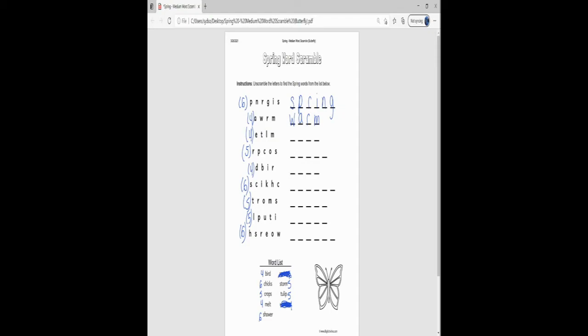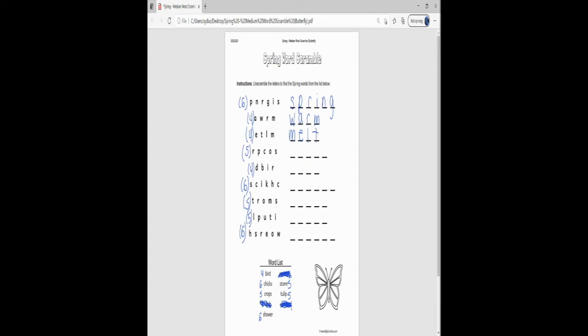Does that match E, T, L, M? You're right, it doesn't. But you know what does? The word melt. You spell melt M-E-L-T. Look, it matches. So that has to be melt.